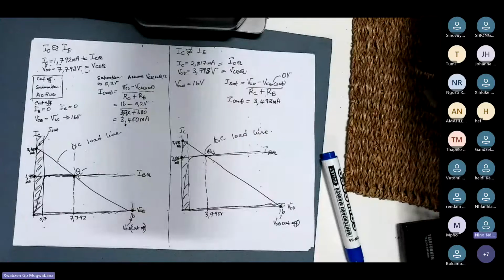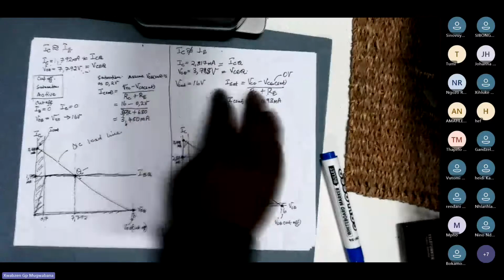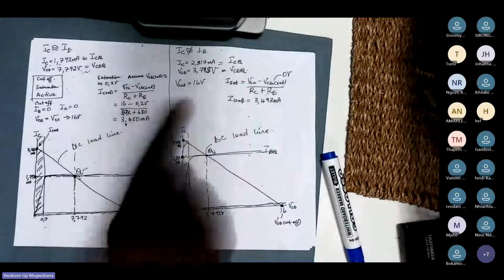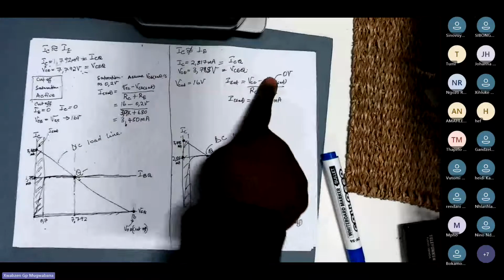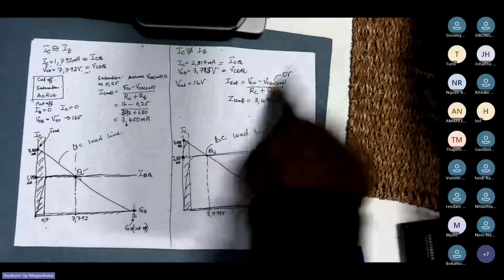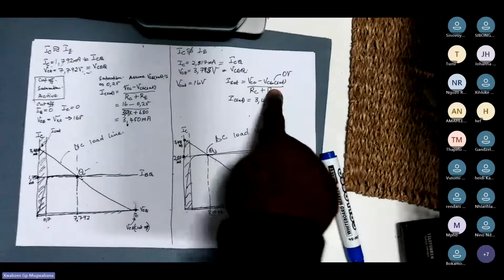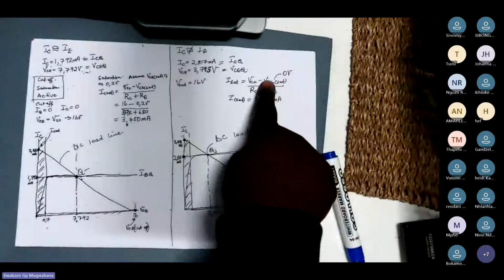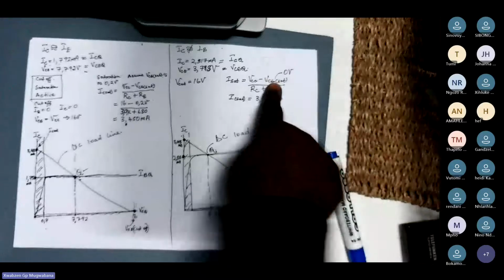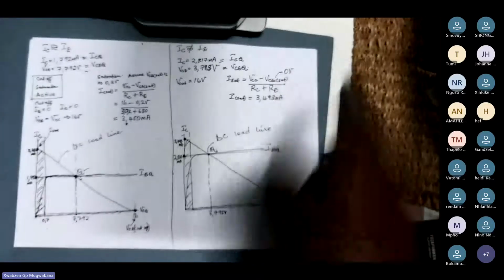I just want to make that point clear. The only thing is, here I assume, here I didn't assume. It doesn't mean if I didn't assume, always it stays like this. No. I can say to you, assuming that your VCE set is 0.1.